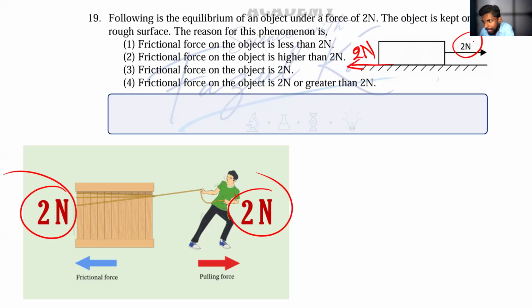Okay. Here we are applying 2 Newton, so the frictional force also will be 2 Newton. So the frictional force on the object is 2 Newton. That will be the answer. Within this gap, you can write here.